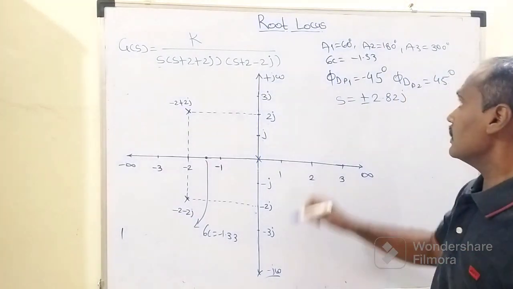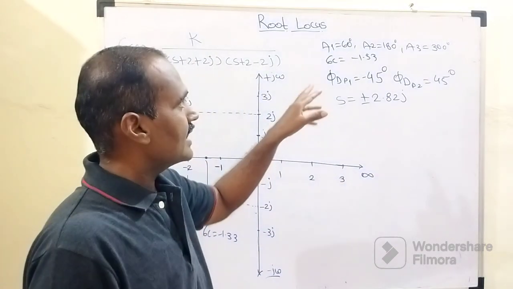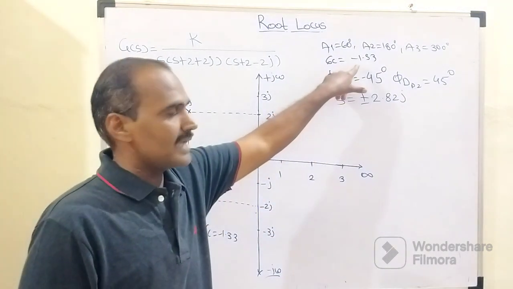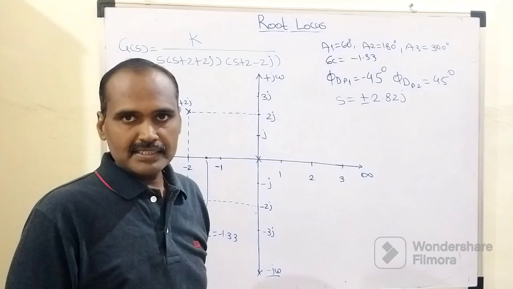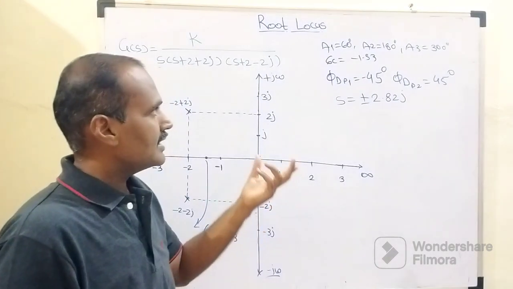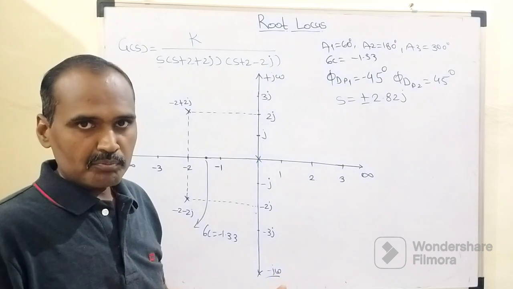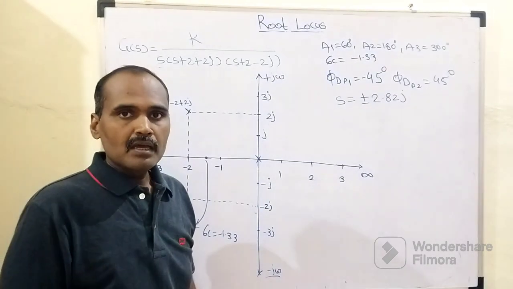We are having 3 asymptotes and their angles are 60 degree, 180 degree and 300 degree. With respect to this centroid, these angles are to be shown. The centroid is minus 1.33. After that, we have tabulated the angle of departure for pole number 2 and pole number 3. Obviously, the first pole is present at the origin.